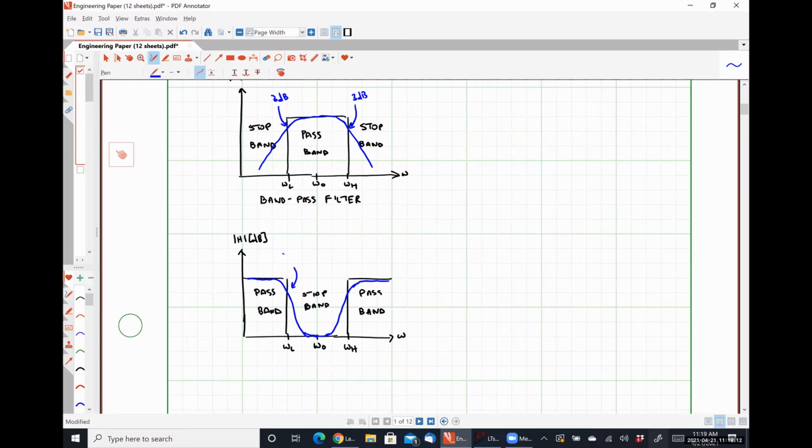So just to be clear, this is a 3 dB frequency, and this is another 3 dB frequency, or half power frequency. And I should label it as a band stop or notch.